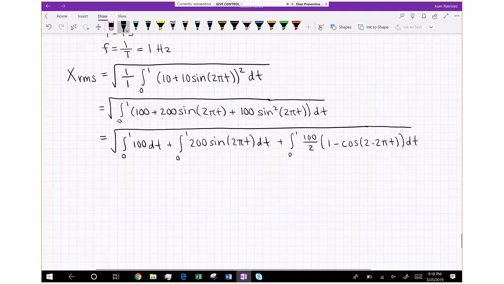So the sine squared of theta is equal to 1/2 times 1 minus cosine of 2 theta, as opposed to for the cosine squared, it was 1/2 times 1 plus cosine 2 theta. Okay. And now we evaluate.